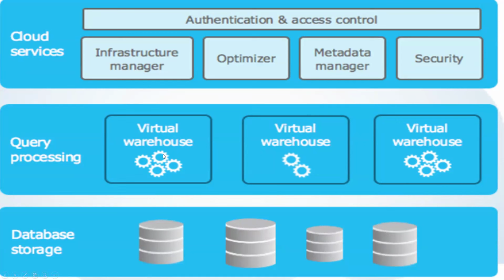So you don't need to worry that if you have to increase your storage, you need to increase your compute resources at the same time. No, they work independently. So far, any question?